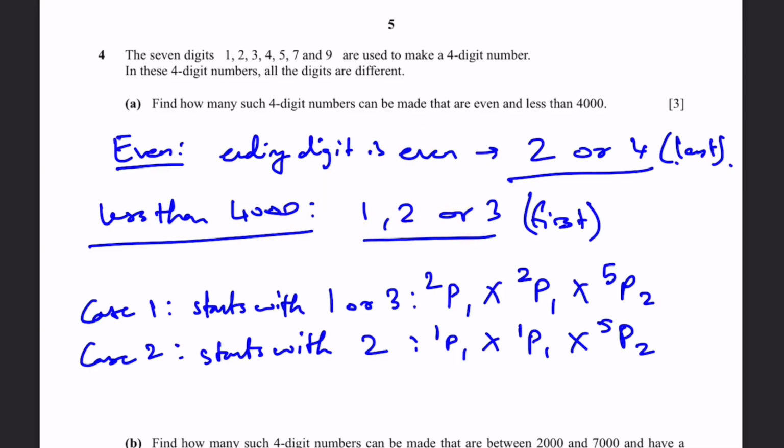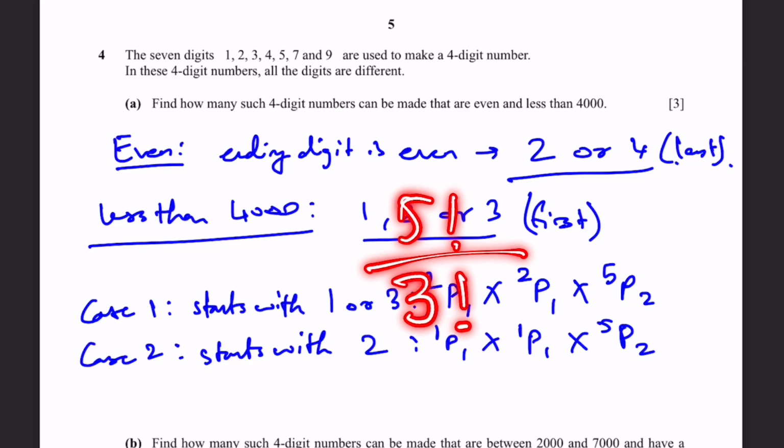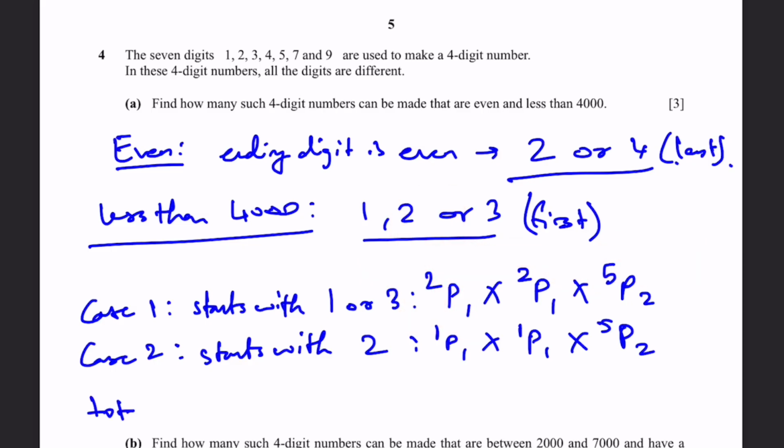So in this case, 2p1 is going to be equal to 2 for both of these, and 5p2 is going to be equal to 5 factorial by 3 factorial, which is 20. So we have the total numbers is 2 times 2 times 20, which is the first one here, plus the second one, which is 1 times 1 times 20.